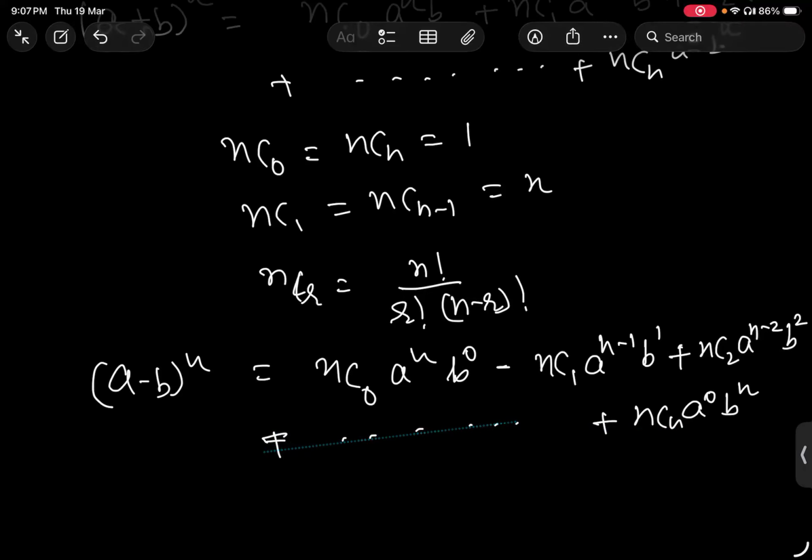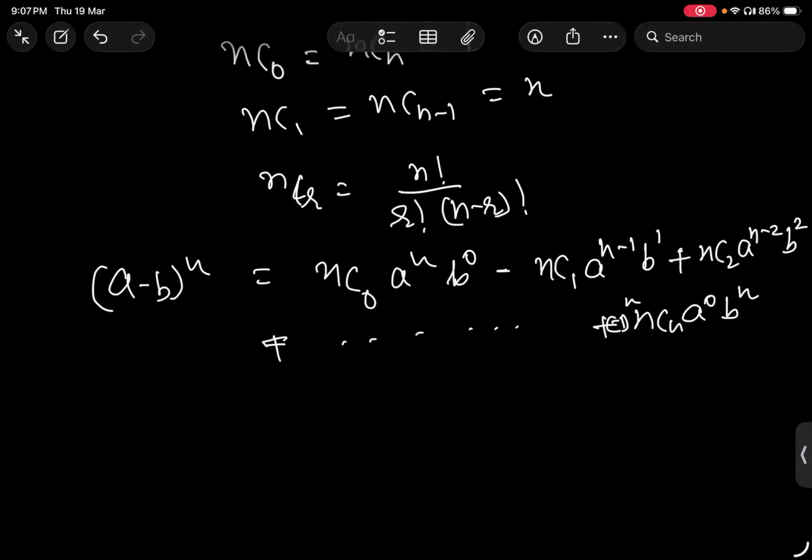So here it will be minus 1 to the power n. It depends upon n. If n is odd, then it will be a negative term at the end. And if n is even, then it will be a positive term.